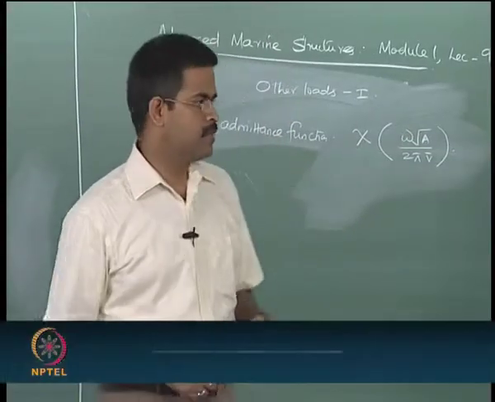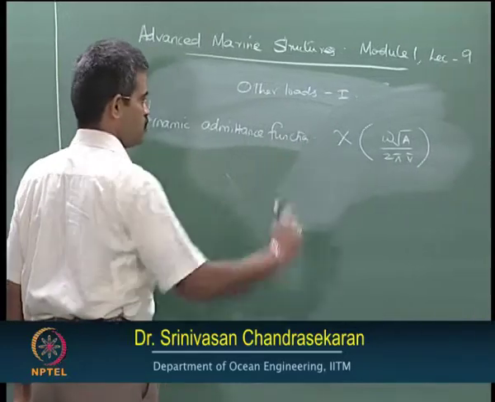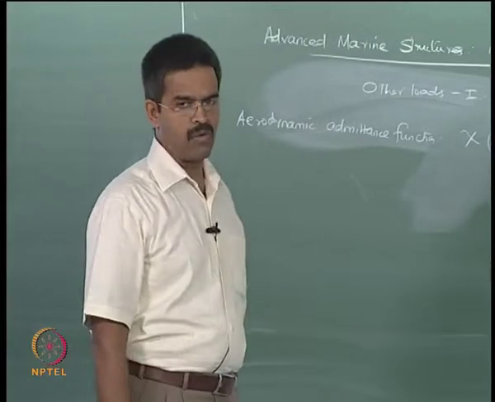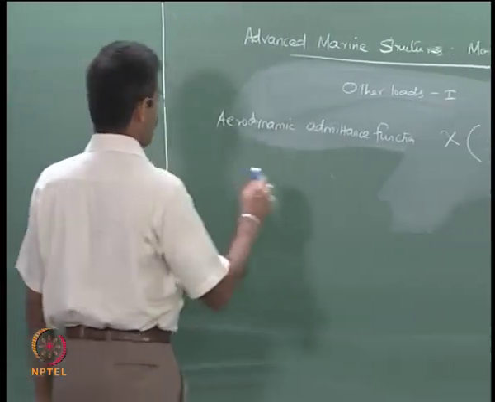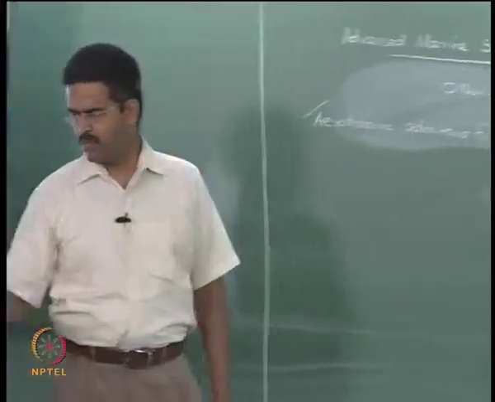So in the last lecture we discussed how the aerodynamic admittance function can be used to simplify the randomness involved in computing the wind loads on marine structures. For more information on this specific function you can refer to this particular paper.